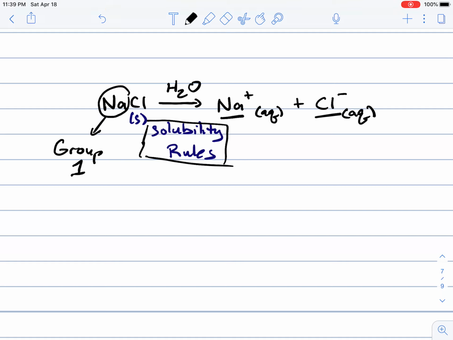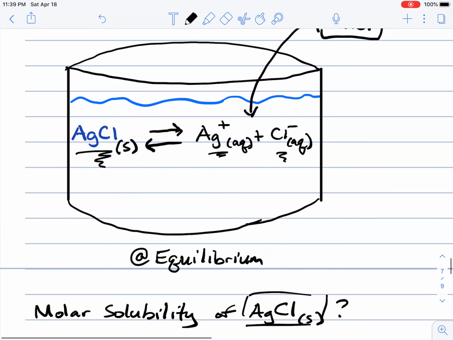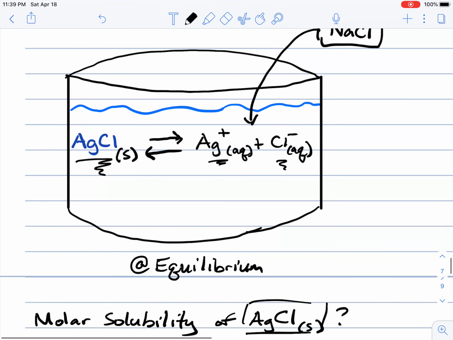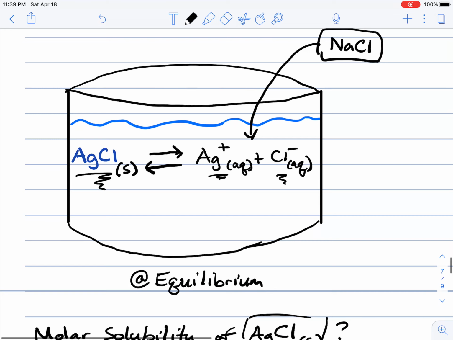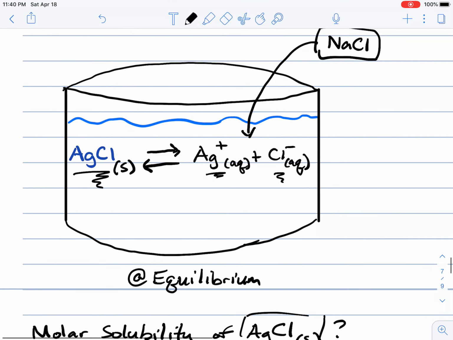And so when you place them in solution, it's going to dissociate or dissolve to produce sodium ion and chloride ion. And so we're going to go ahead and write that reaction, if you will, right underneath the current equilibrium that you see on the screen. So you have sodium chloride that's going to dissolve to produce sodium ion and chloride ion.